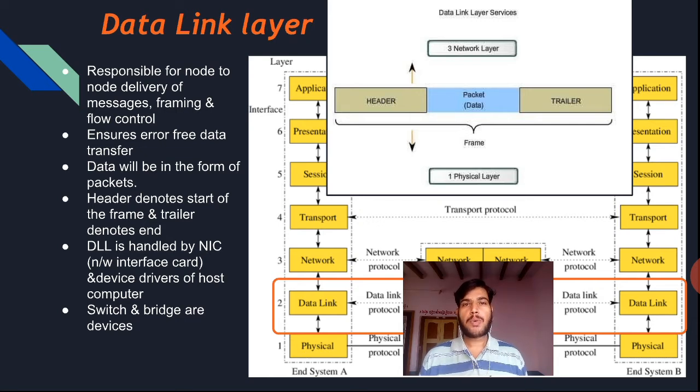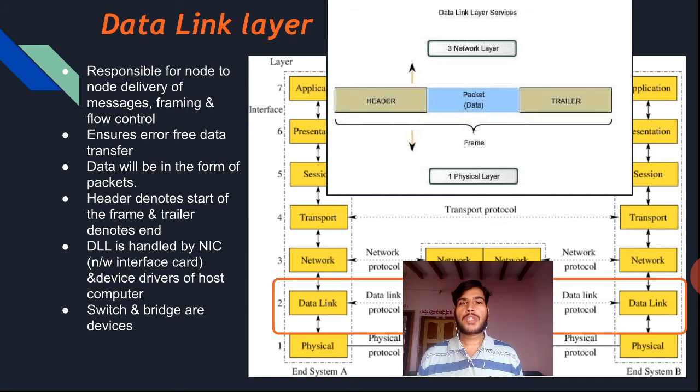And most importantly, the data link layer is handled by the NIC. What do you mean by NIC? NIC is nothing but a network interface card and device drivers of the host computer, and it uses certain hardware devices like a switch and bridge to establish a communication over the network, and it performs the flow control functionality also.